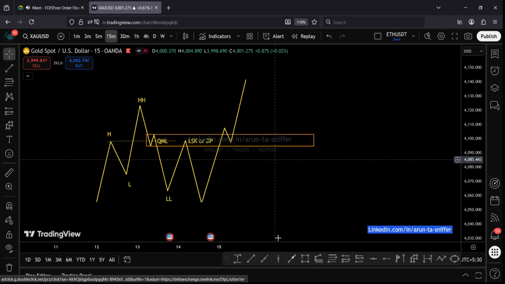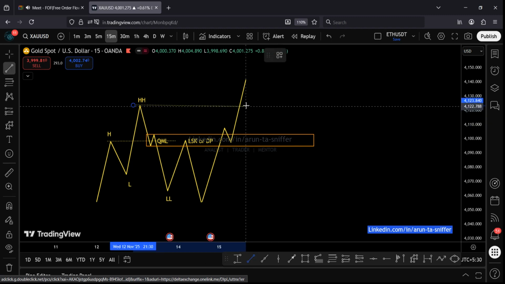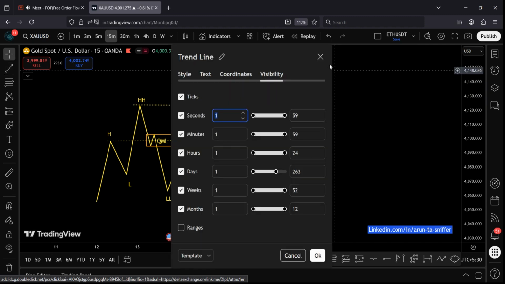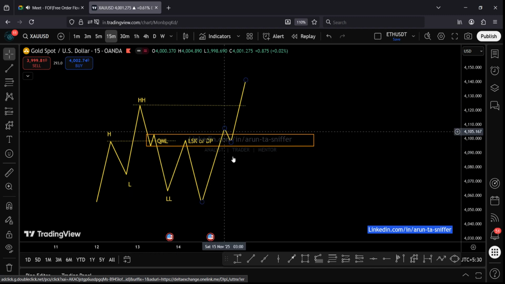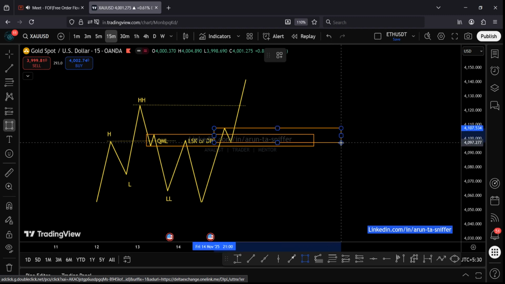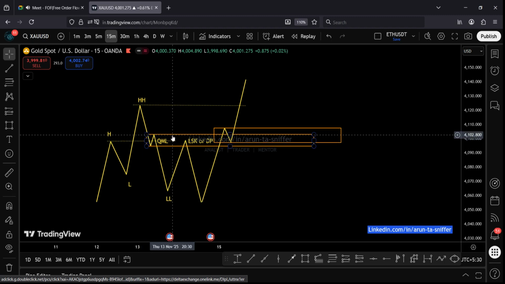The higher high is crossed. So this level was the QML level, and this level is also important for us. And why? Because the DP is a lower time frame FL, and FL is a swap.